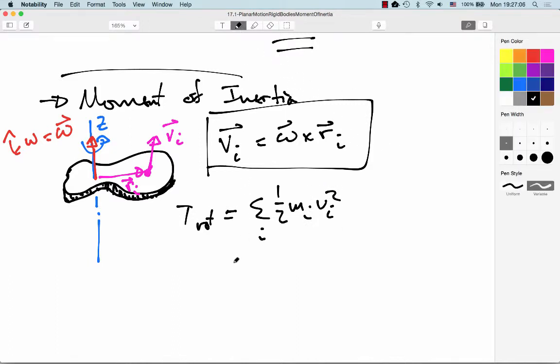Okay, so putting in for what that is, we'll now have a sum over i. Can pull the 1/2 out for what it's worth. mi, and then I'll have omega cross Ri dotted with itself.